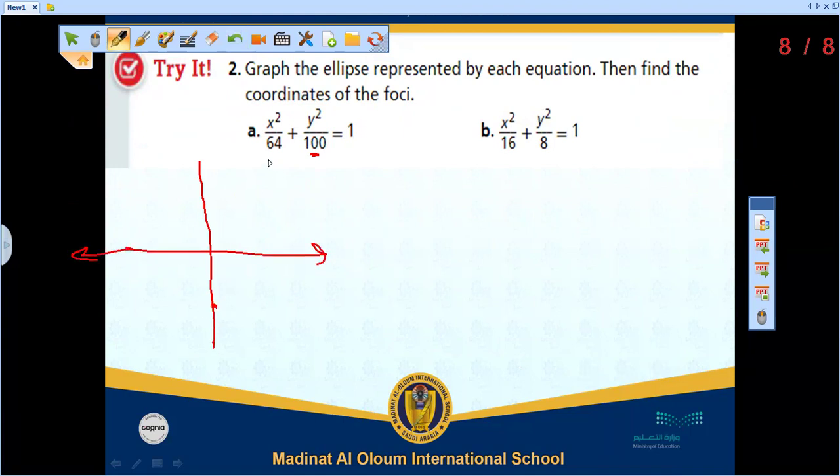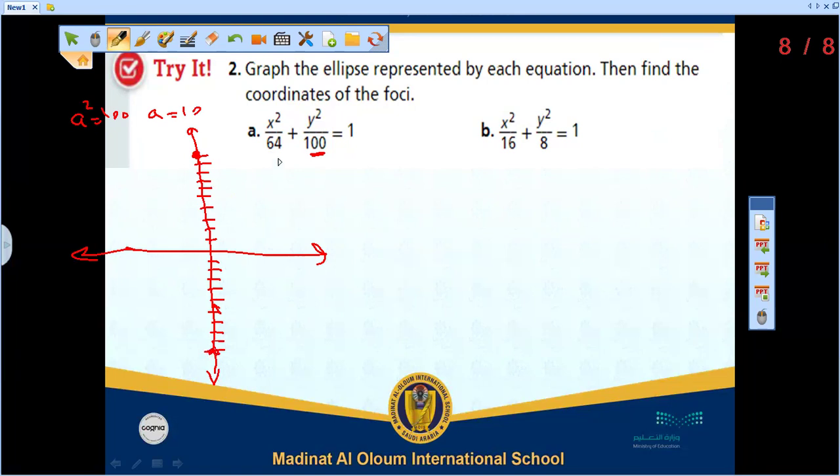Okay. My a squared is 100. It means my a is 10: up 10, 1, 2, 3, 4, 5, 6, 7, 8, 9, 10, and down 10, 1, 2, 3, 4, 5, 6, 7, 8, 9, 10. Now I get a point here and a point.